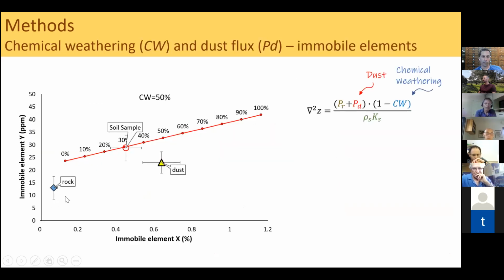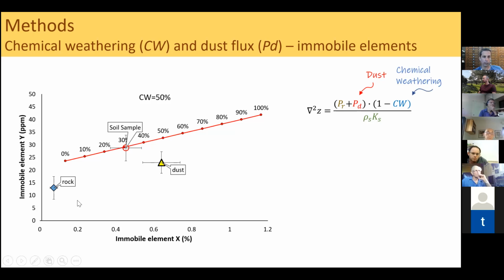Okay, immobile elements. When I say immobile elements, I mean a chemical element that is present in the soil and is chemically very stable. So if there are any chemical processes, any washing of the soil, it will probably stay in the soil and just get enriched.